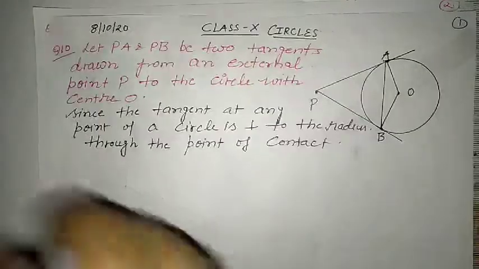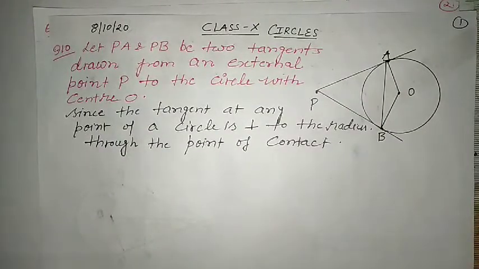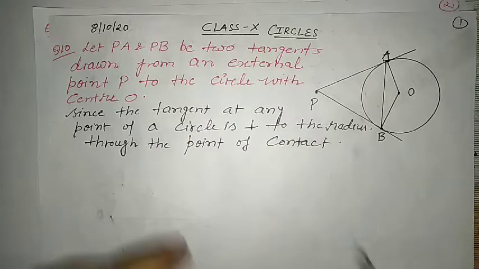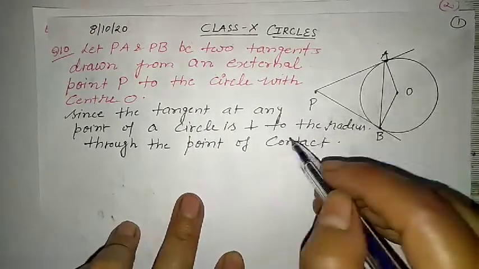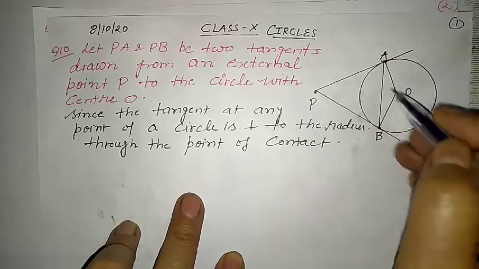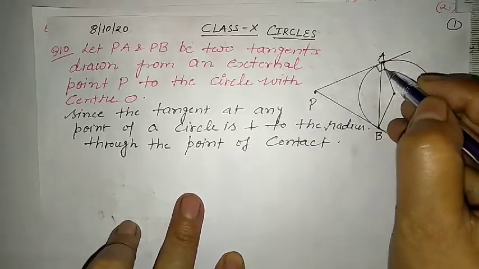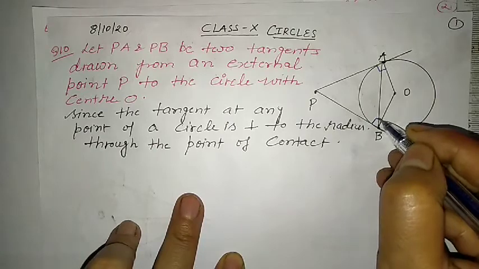This is given. So since the tangent at any point of a circle is perpendicular to the radius, this is the radius and this is the tangent, so this complete angle will be 90 degrees. This one also will be 90 degrees.